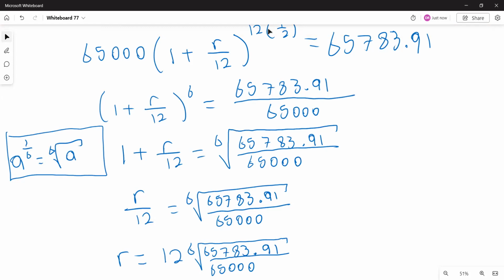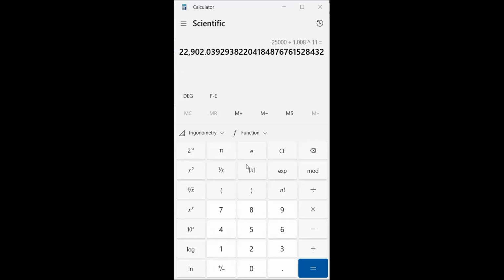So we're going to put all this in the calculator. This is 12 times 65,783.91 divided by 65,000, and that is going to be raised to the 1/6. That's going to be the sixth root of that number.